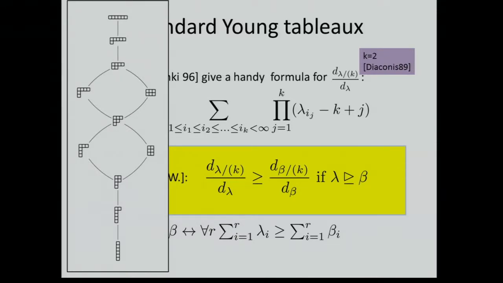As you make the partition wider, when you're looking at the Young diagram, this ratio goes up, which makes sense intuitively. As you move things down and make the partition taller, you're making this quantity smaller. So remember, in terms of noise, we get the minimum noise for things that are wide and maximum noise for things that are tall.